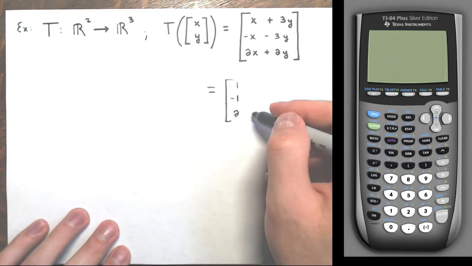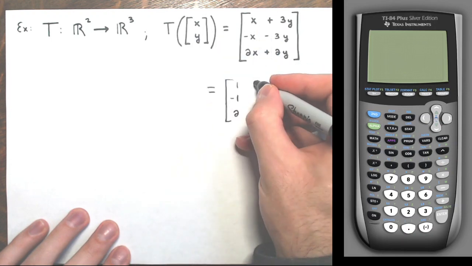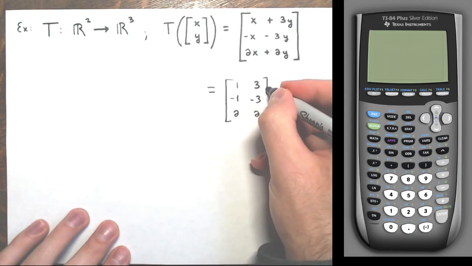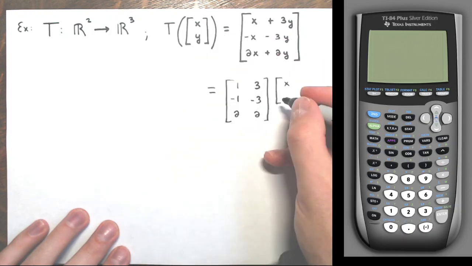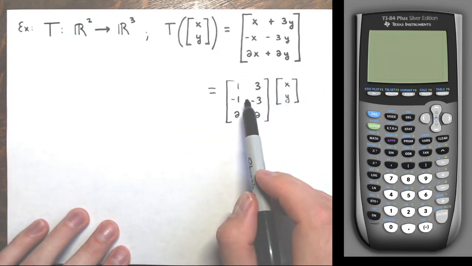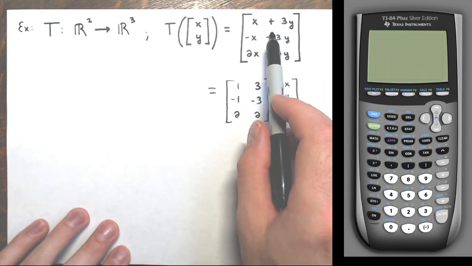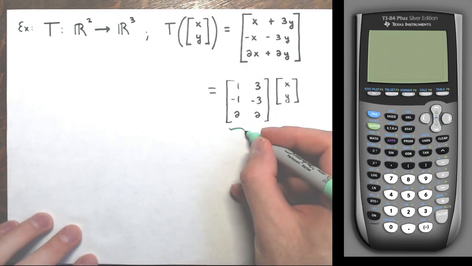Down the second column, the coefficients of the second input variable y, 3, -3, and 2. And this is multiplied by the input vector with x and y there. You can double check that this 3x2 multiplied by this 2x1 would give me this 3x1. So here's the standard matrix.